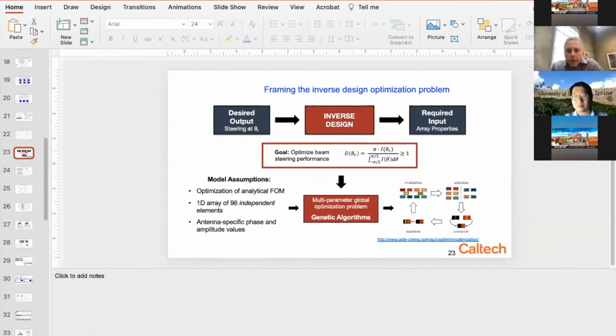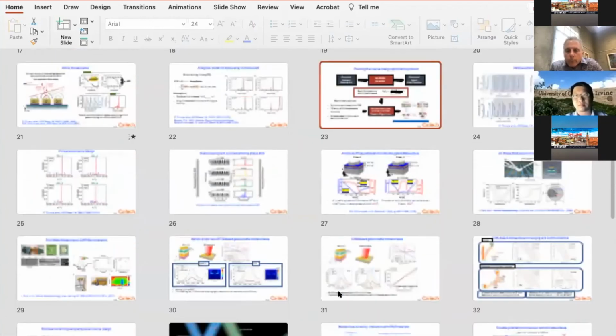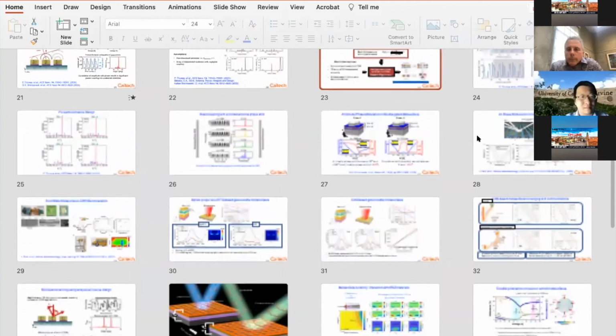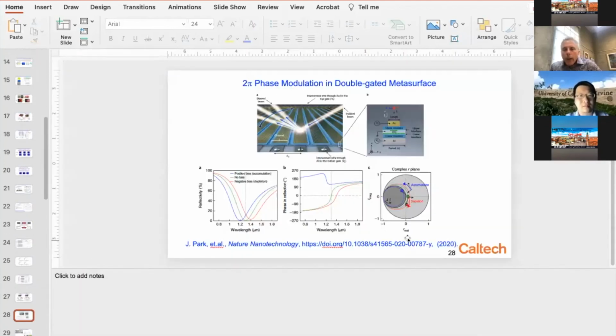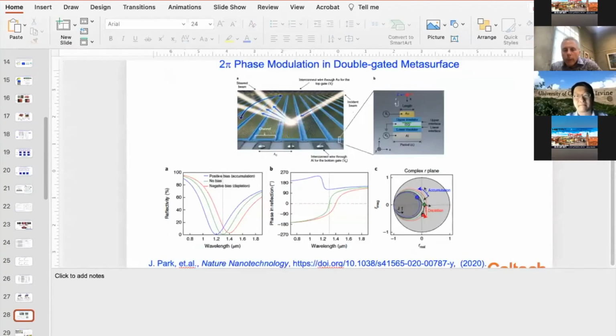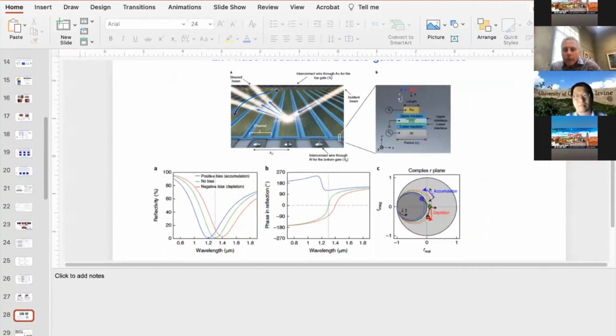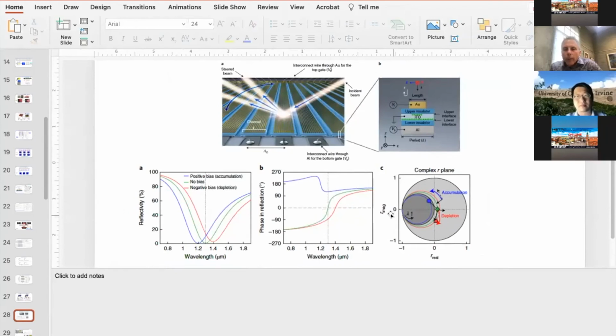Let me see if I can find this. Yeah, here it is. So the most important key aspect of this, I think, is to be able to span the entire complex plane. So here we're looking at the real and the imaginary part of the complex reflection coefficient. You want to be able to span over this entire angular range in the complex plane.